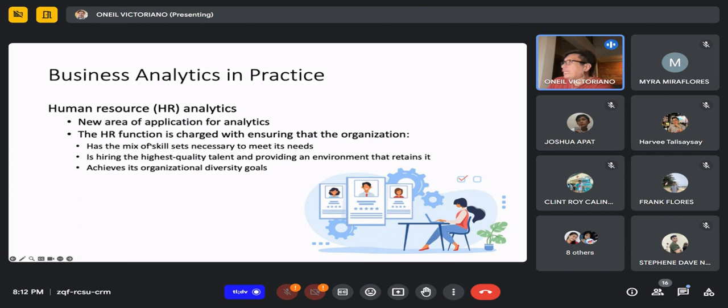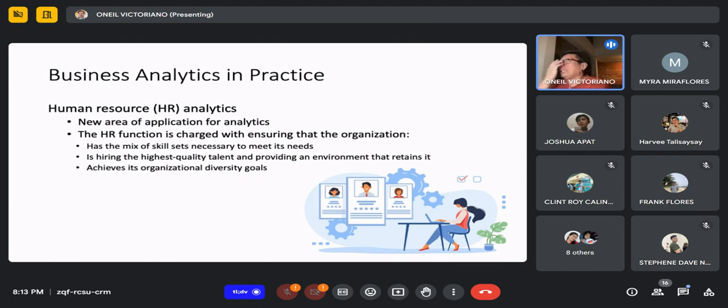So there's analytics to see that a particular human resource, or a particular group of human resources, would be needed for a particular project or operation. So analytics for hiring, providing the highest quality talents and a good environment, and achieving organizational diversity goals.